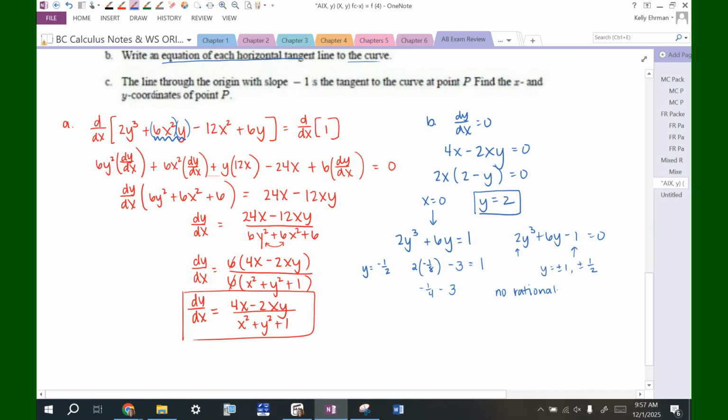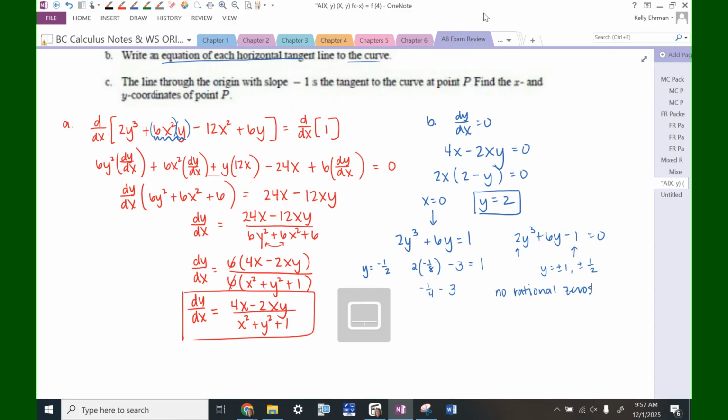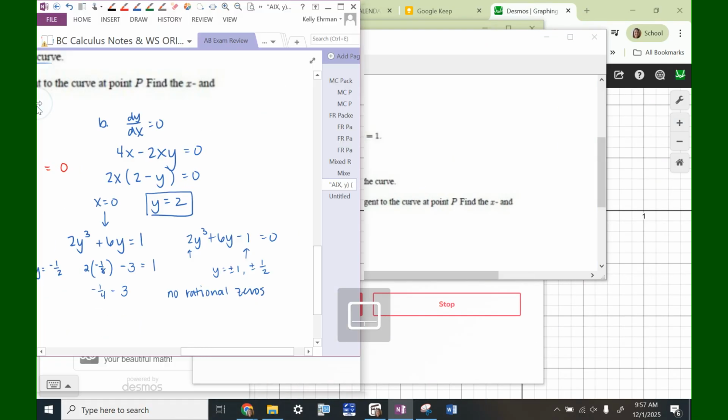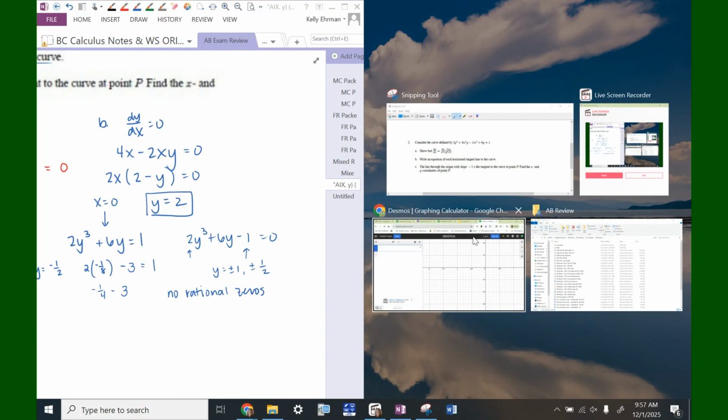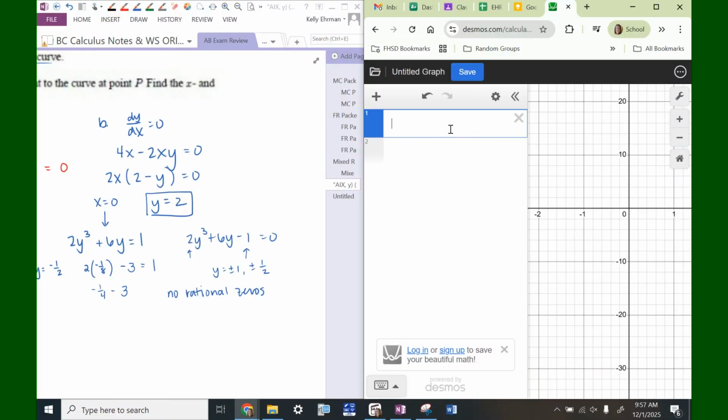So I suppose I will need to use Desmos for this. So maybe this is a calculator problem. All right, so let me see. Do I have Desmos open? I do. All right, so we're trying to solve when is 2x to the third plus 6x.